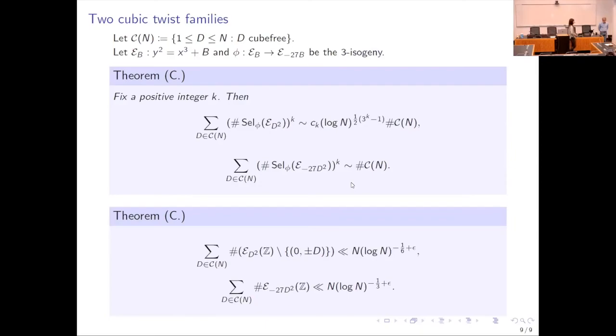Yes, I haven't tried that. That's a good point. You would do the 3-isogeny descent, not the 2-descent, because there's no 2-torsion here. There's only 3-torsion. That's what I would want, but I don't know how to do it.